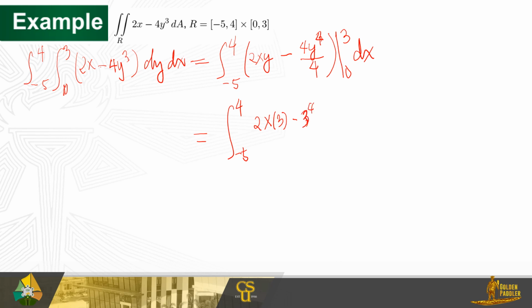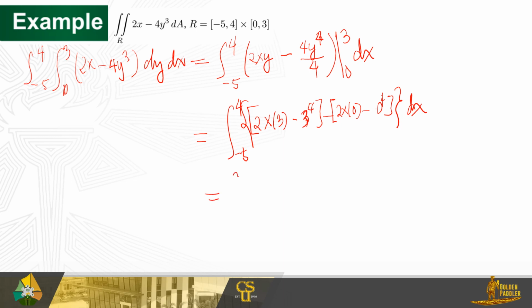Then minus, yung lahat ng y magiging 0. So we have 2x times 0 minus 0 raised to the power of 4. And this whole thing is integrated with respect to x.